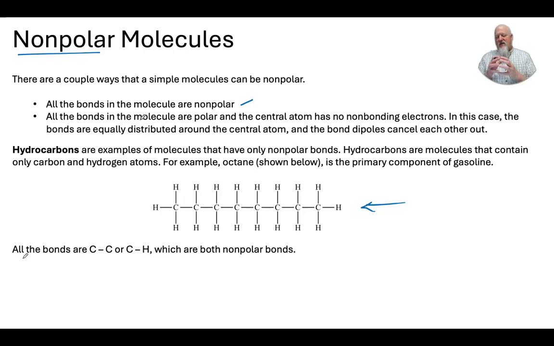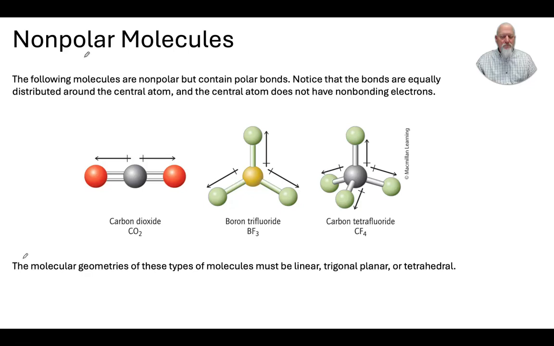So if all the bonds are polar and they're the same bond, occurring between the central atom and the same other atom, the dipoles cancel out. We're going to see that right here. Carbon dioxide contains polar bonds. The carbon-oxygen bonds, each one is polar. The oxygen is more electronegative than the carbon.